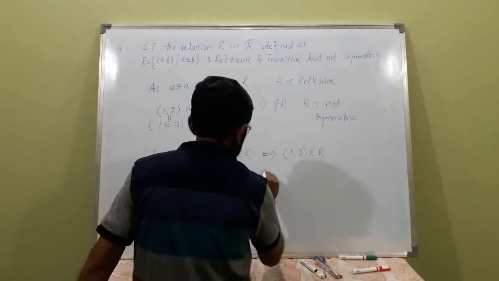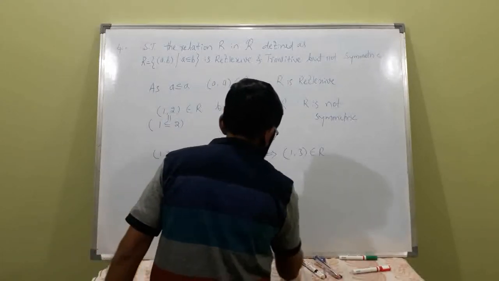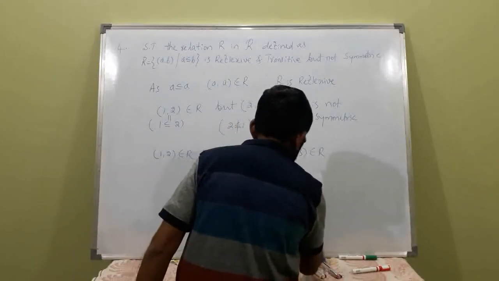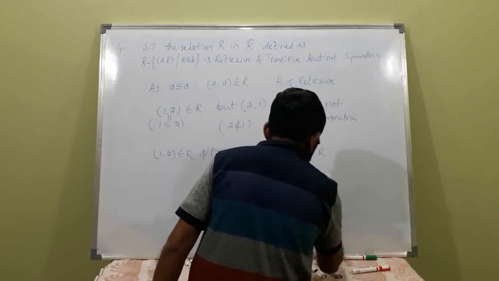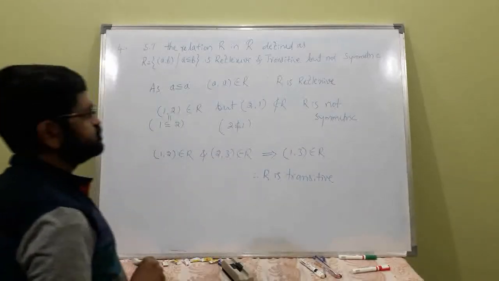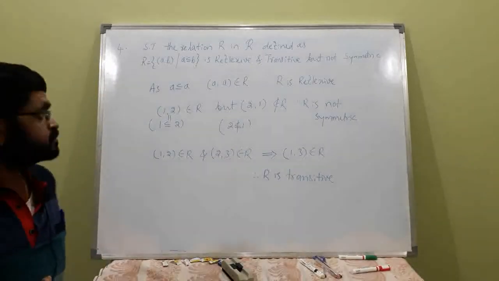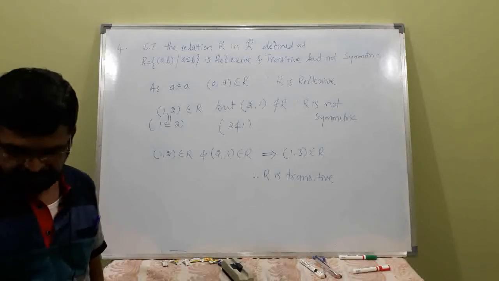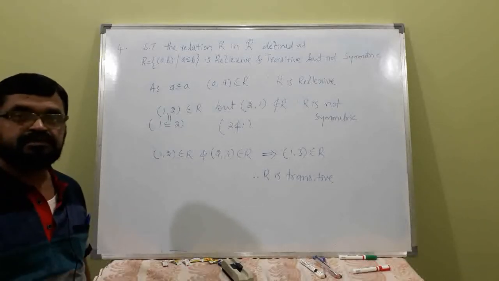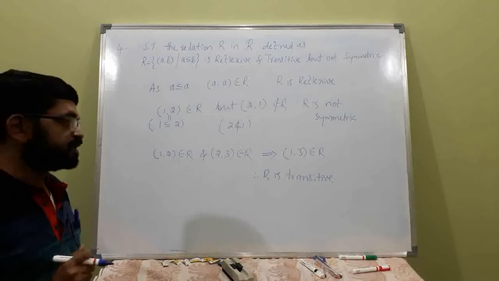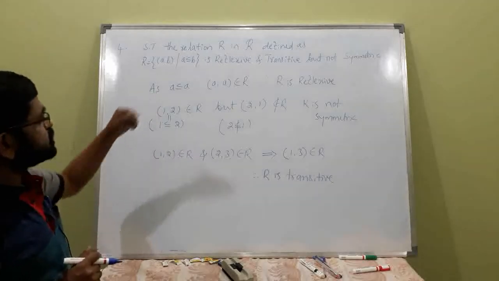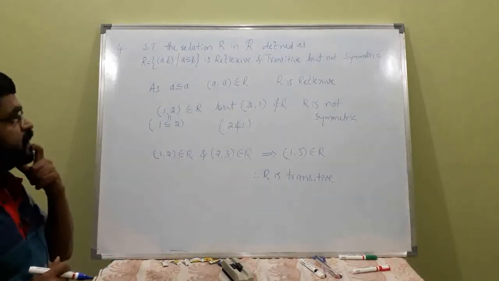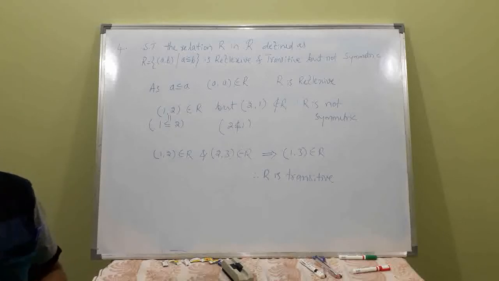Therefore, R is transitive. You got it? Next, the fifth one, you have to work out yourself. Where a cube is less than or equal to b cube. That form is there. You have to take the fractional values there.